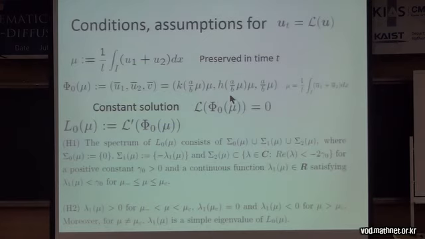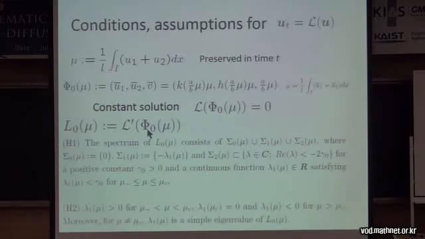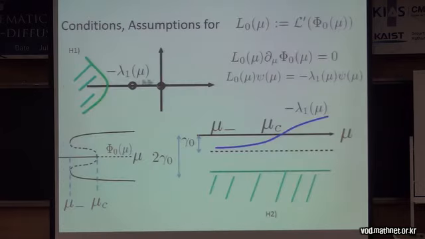There is almost no time, so I will just mention the result. We denote the linearized operator with respect to this constant solution by L0, and we assume several things. I will briefly mention our assumptions.